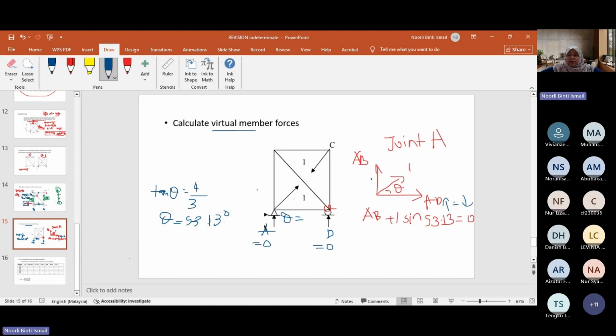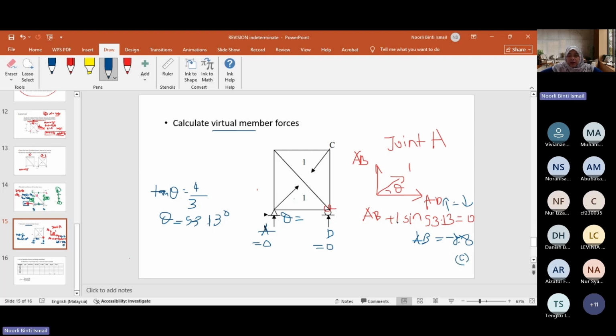Okay, if you can see here, we only have AB and 1. No downward direction, 0 lah. So we get AB value will be negative. Negative apa? AB. 0.8 ke 0.6? 0.8. Gunalah calculator itu. 0.8. Okay, negative, which is C.